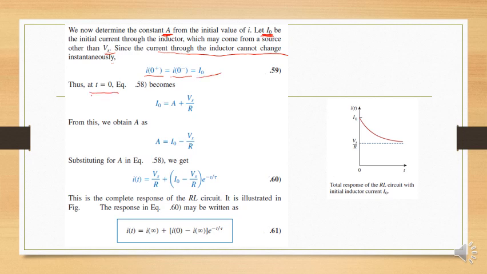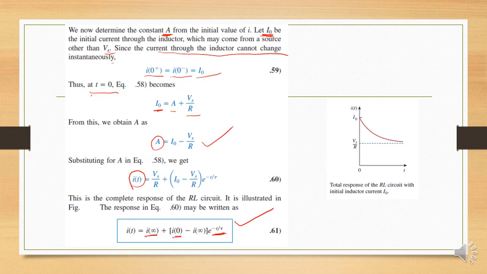So at time t is equal to 0, I naught is equal to A plus V of S over R, and A is equal to I naught minus V of S over R. So putting these values, we got I of t is equal to Vs over R plus I naught minus Vs over R into e raised to power minus t over tau, where Vs over R is equal to I of infinite, and I naught is I of naught. So I of t is I of infinite plus I naught minus I of infinite into e raised to power minus t over tau. This is the response which we were looking for.